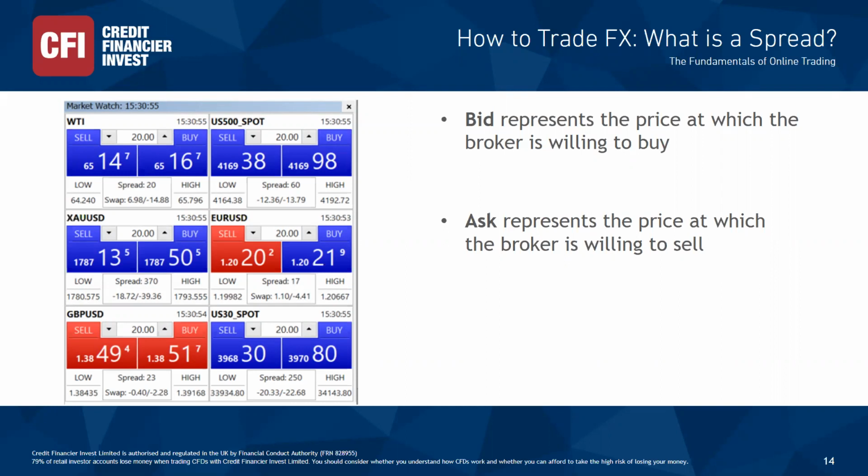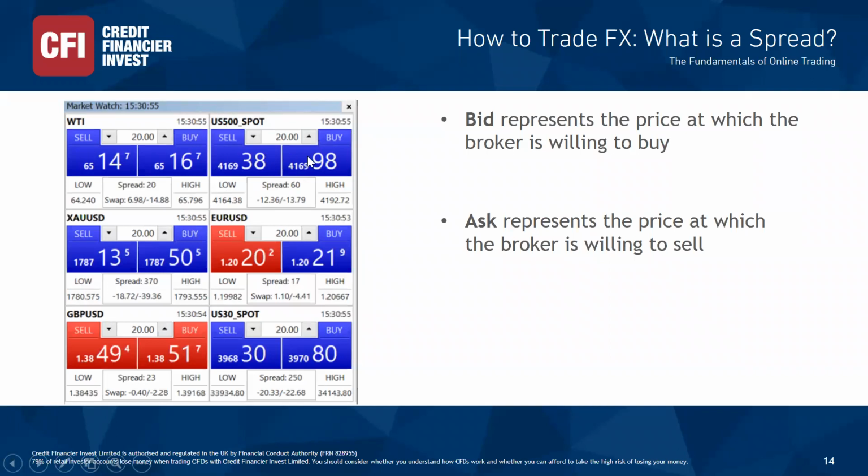And the ask represents the price at which the broker is willing to sell, so in your case, as a trader, is buy. As you can see here in the example that I took from the platform, you have the bid price over here and the ask price over here. So the spread is essentially the difference between this price and that price.